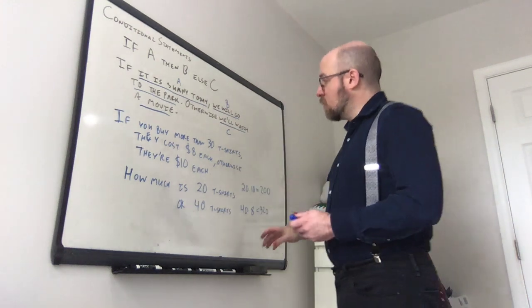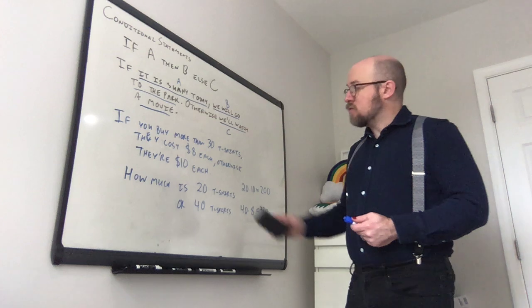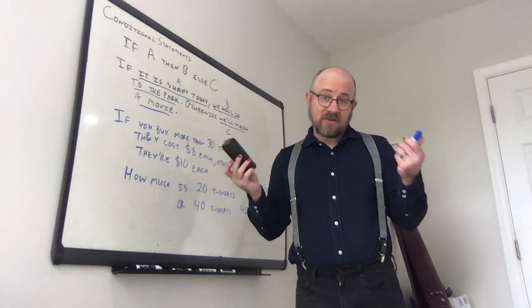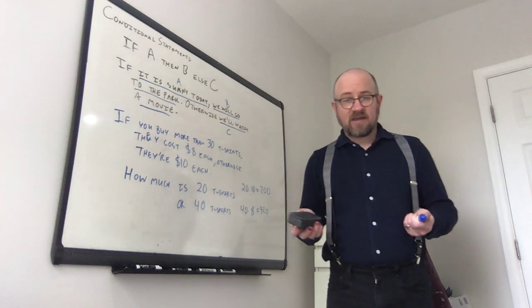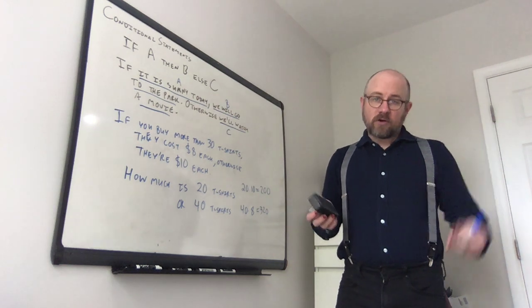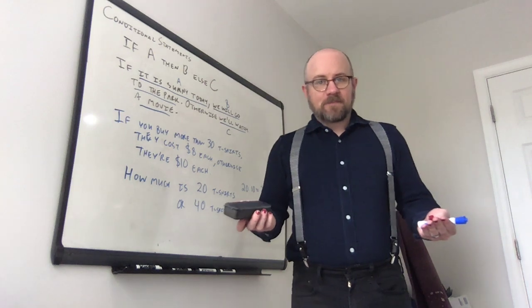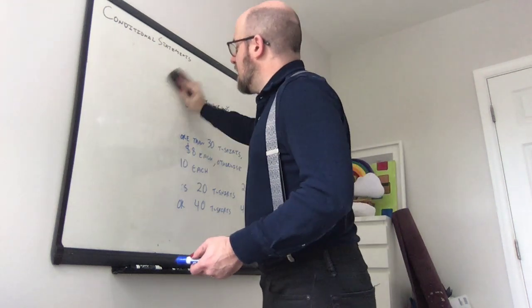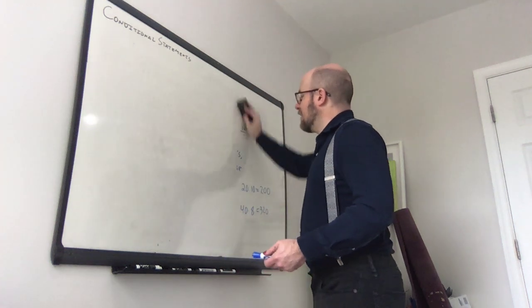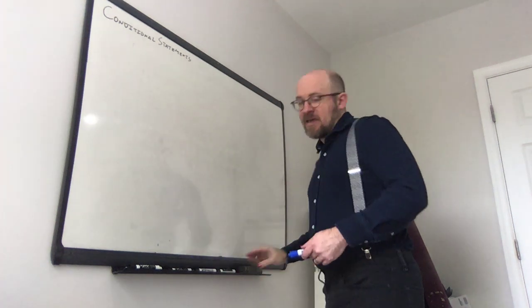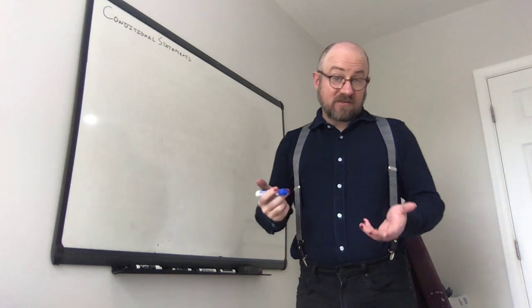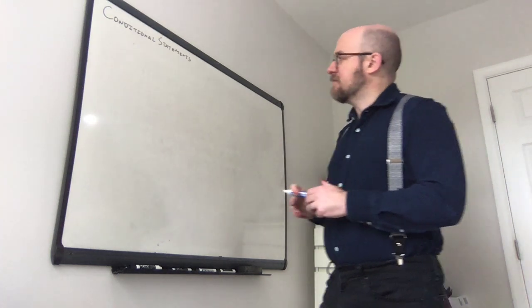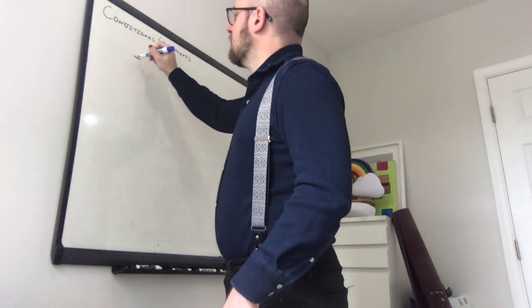Okay? And so you can imagine statements like this pop up all the time, right? If you've ever bought t-shirts or something like that, you know that they're priced like this. The more you buy in a bulk order, the less you spend. Okay? And so we can put conditional statements like this into programs like Microsoft Excel, spreadsheet programs. Okay? And so in Microsoft Excel, for example, there's a function.